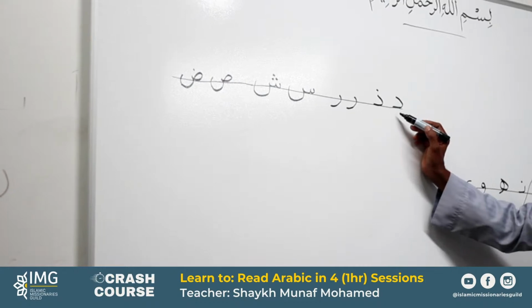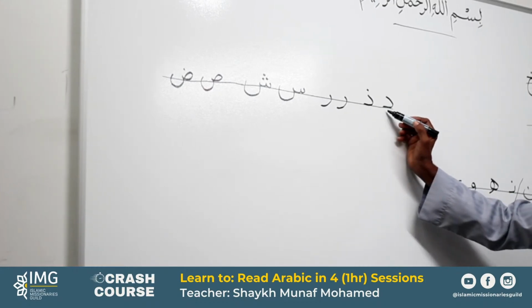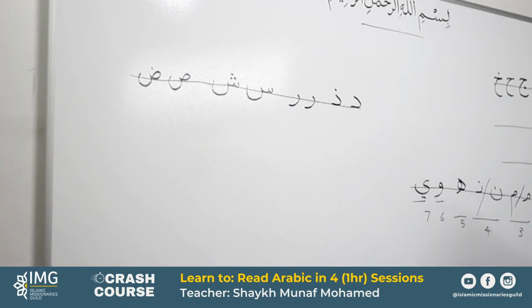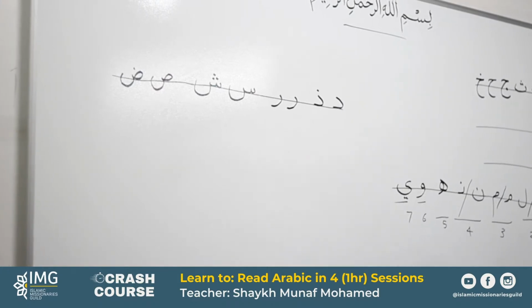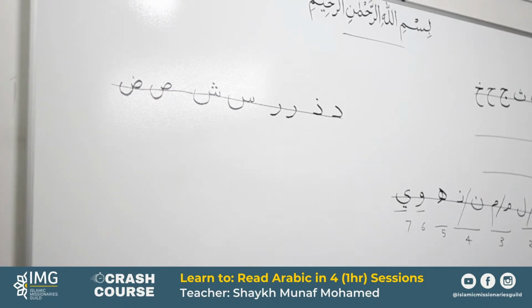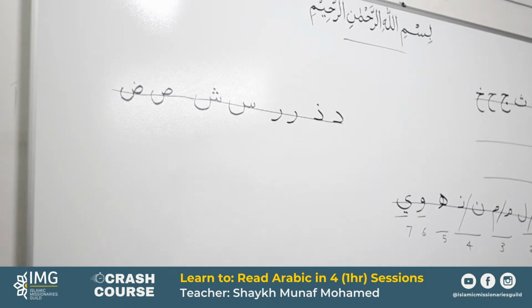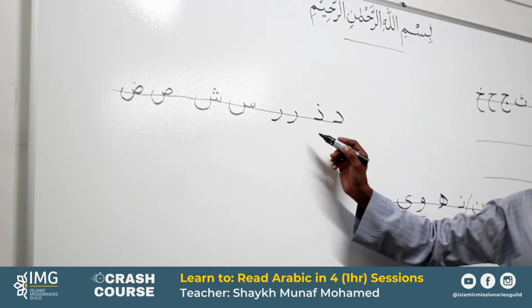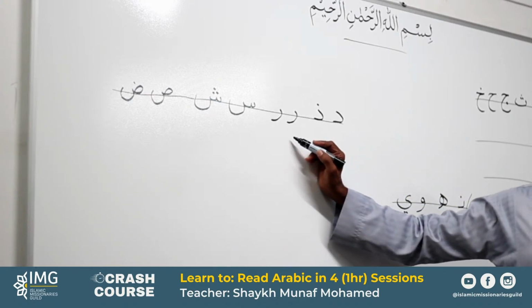Dal and dhal. Dal. Can you remember dal that you eat? Right? Dal. And this one, dhal. How is it pronounced? Tongue between your teeth. Dhal. Say it. Dhal. Dal, dhal. Dal, dhal. Next one is ra. Ra.